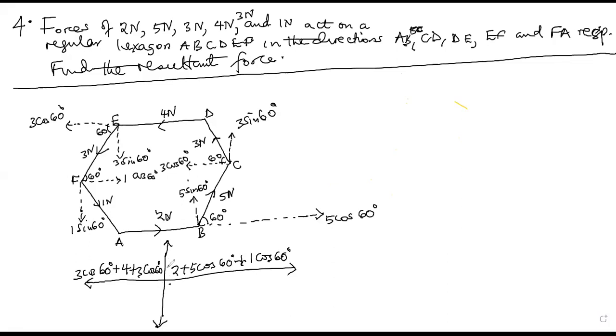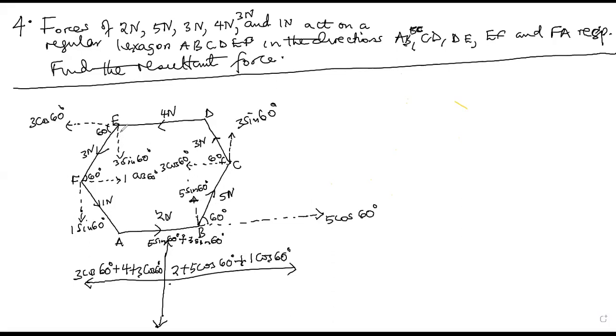Okay, so when you look at the y components, the ones which are in positive y, the first one is this 5 sin 60, which is in positive y. Plus another one which is in the positive y, 3 sin 60, is also in positive y.